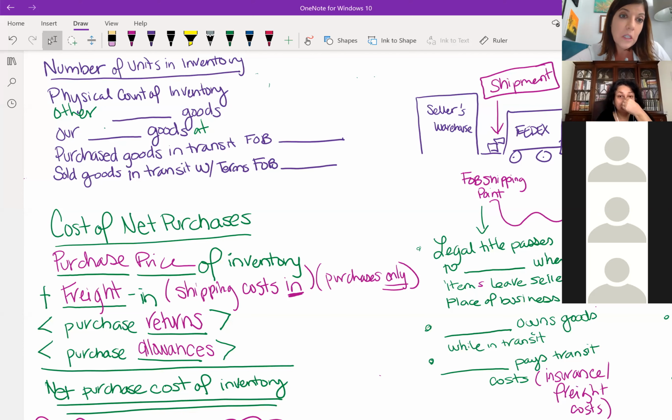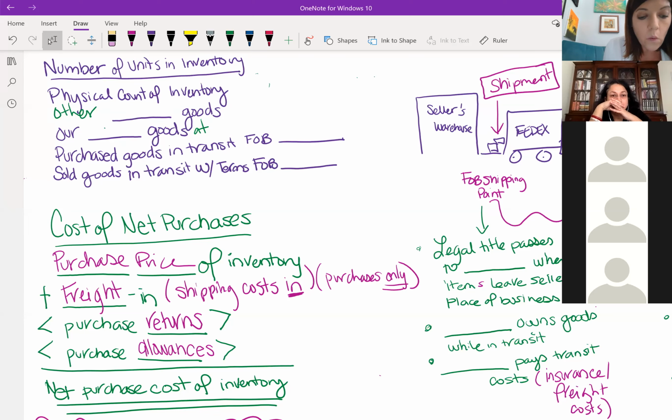But basically what we do is go to every single warehouse that a company has, and on a specific day, which is usually period end of the year, we're going to do a full, complete inventory observation and count down all of the inventory items that they have on hand as of that last day of the year. So we start with our physical count of inventory. That's our starting point for the number of units.